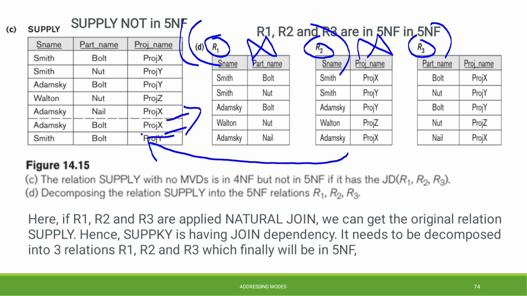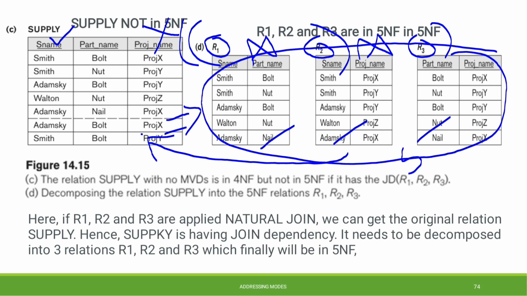That means lossless join dependency is present in the relation Supply, hence it is not in 5NF. That is why R1, R2, R3 will be the final answer, which will be in 5NF because they cannot be further lossless decomposed.